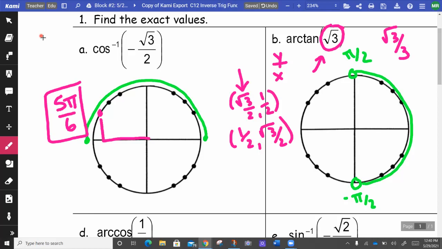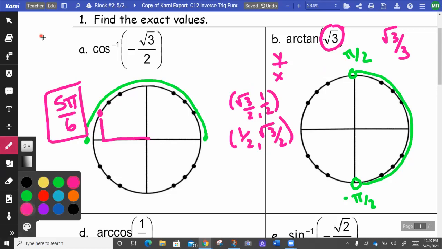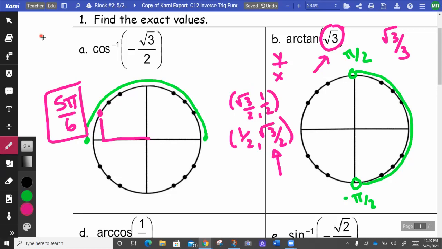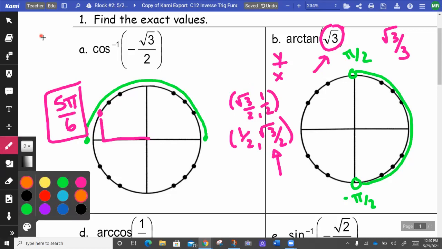It depends on where we are, okay? Whether it's a tangent or cotangent, but in this case, I have my y as my top, as opposed to my cotangent, which is my x. So if I have a root 3 halves as my y in my numerator, I'm going to get root 3 when I work that out. If I have my root 3 halves in my denominator, I would have had to rationalize.